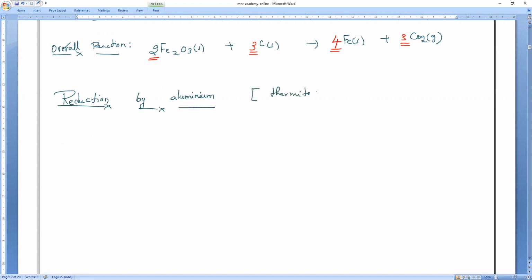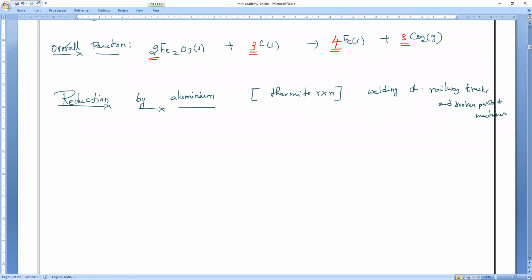This thermite reaction is used to join rail tracks, in welding of railway tracks and broken parts of machines. They use the same equation.